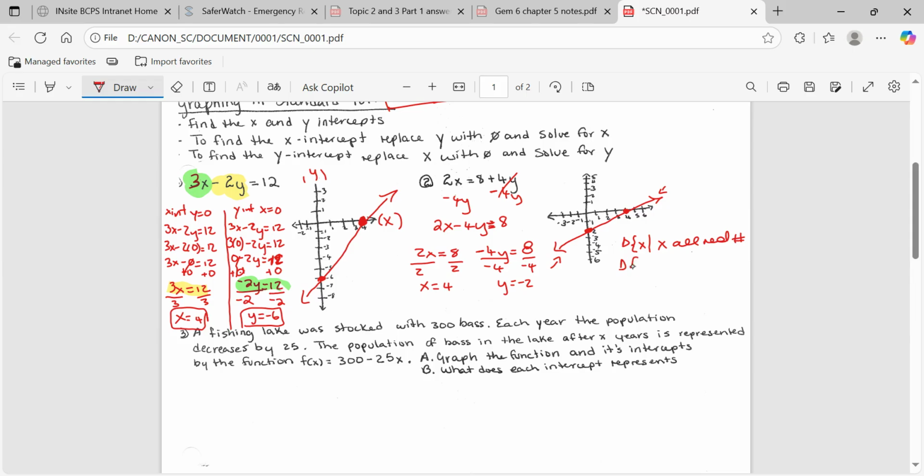Sometimes you might see it as x such that x is from negative infinity to positive infinity, and your alligator will chomp to the right.